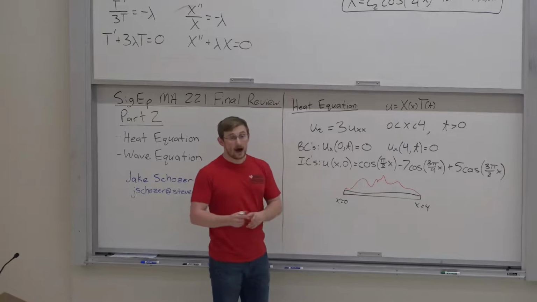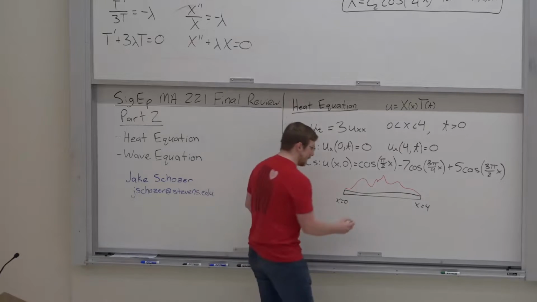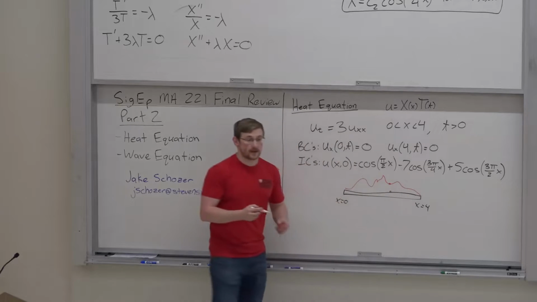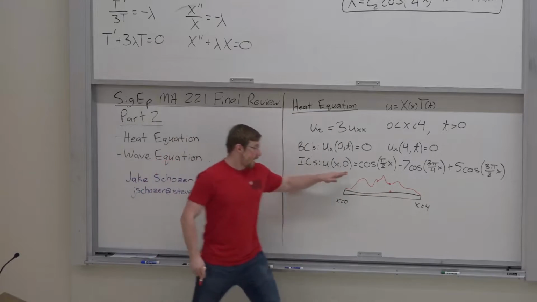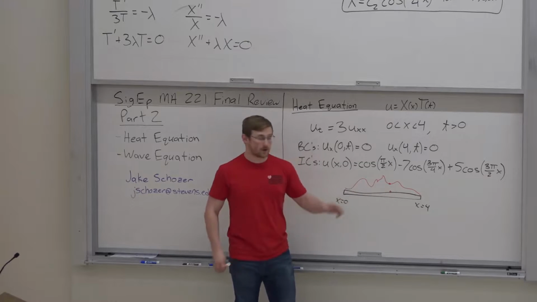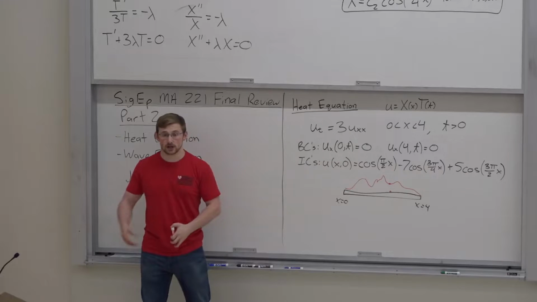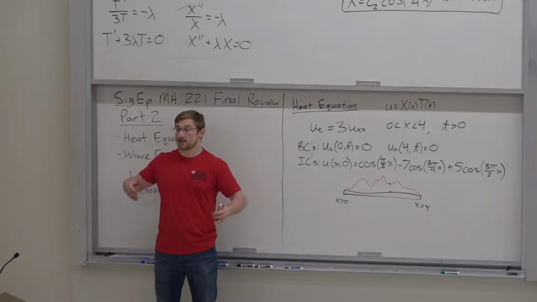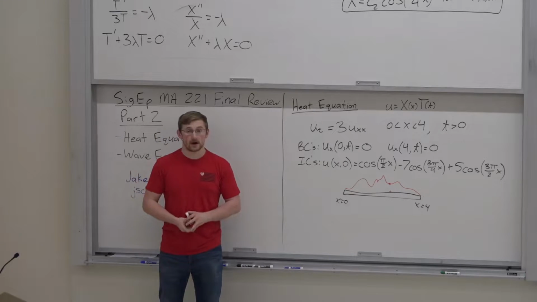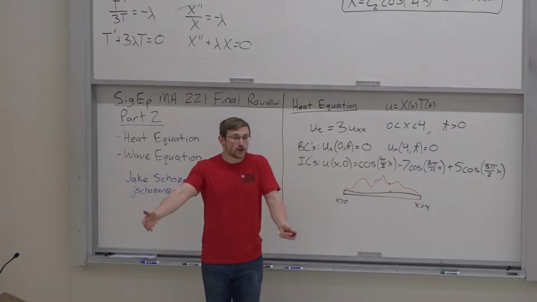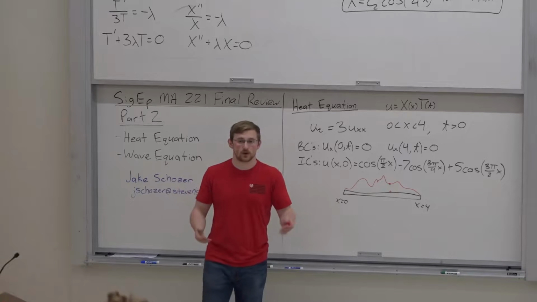So at time equals 0, if I pick some x value, say right here, that's going to be the temperature of it. You would figure out whatever that red line looks like by looking at that initial condition term. So that's physically what's going on. I think it helps to add a little bit of context to know this is actually a scientific problem that we're solving, which is pretty cool.